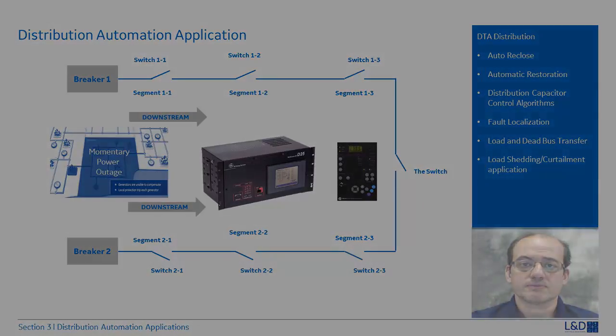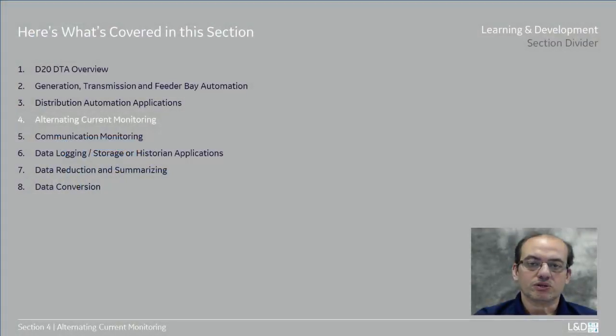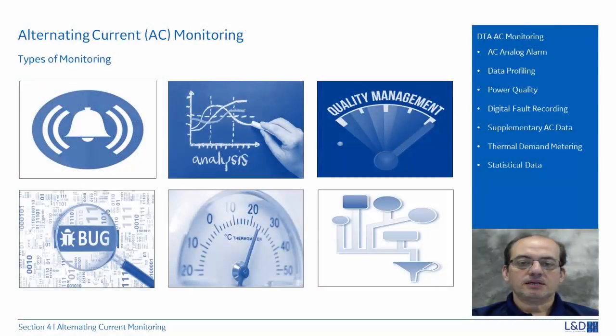In this section, we're going to discuss alternating current data translation applications. For the AC applications, the AC applications that were developed for the DTA include the AC analog alarm data translation application that basically provides alarms based on certain AC values.